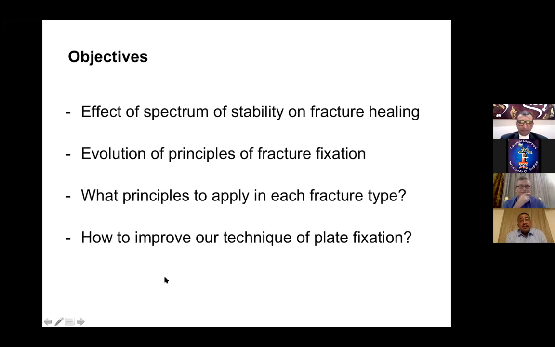The effect of a spectrum of stability on fracture healing, and we will go through the evolution of principles, and we will review together the principles of internal fixation and what to apply in each fracture type. And lastly, we will talk about how to improve our techniques of plate fixation in order to get the best outcome in this surgical technique.